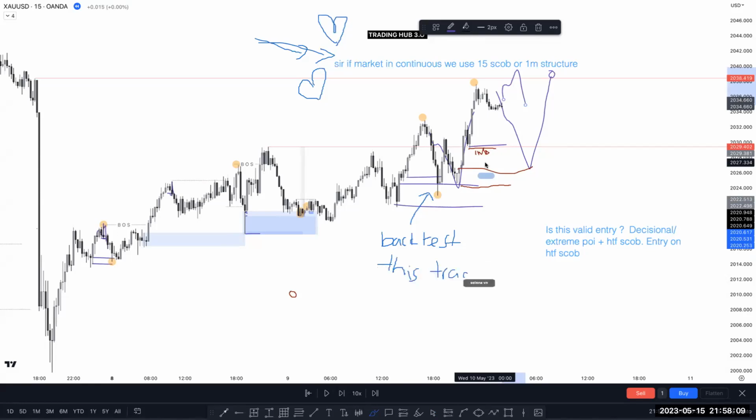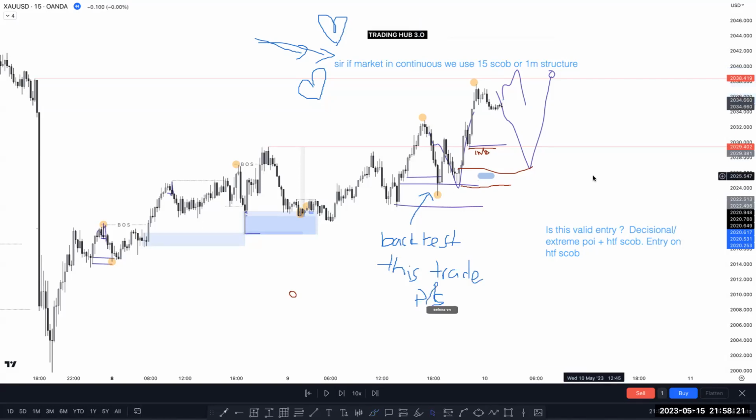If the market continues, we use 15-minute SCOB or 1-minute structure. Backtest this part. Okay, sir.